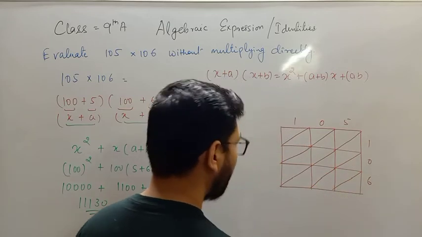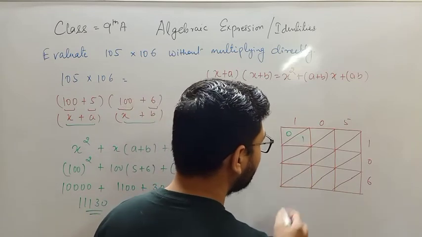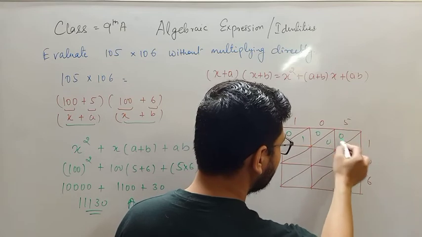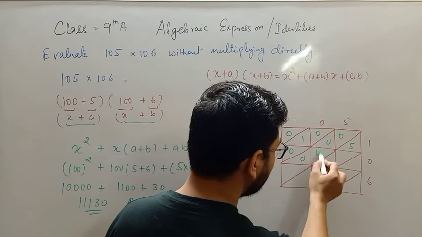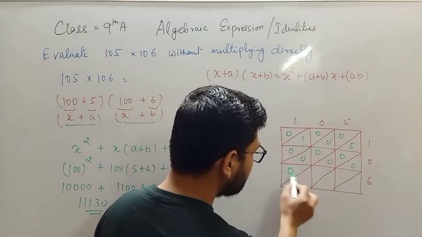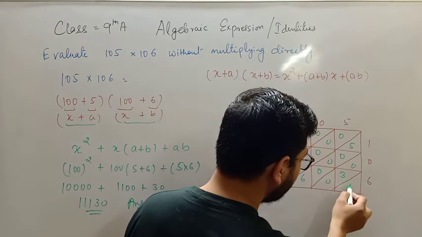Now see, 1 ones are 1, 0 ones are 0, 5 ones are 5, 1 zeros are 0, 0 zeros are 0, 5 zeros are 0, 1 6 are 6, 0 6 are 0, and 5 6 are 30. Right?